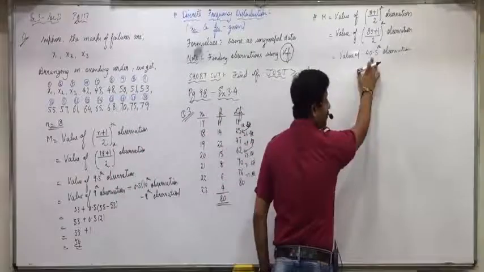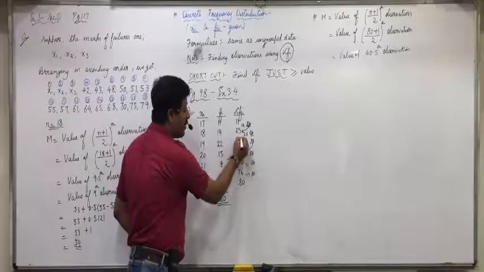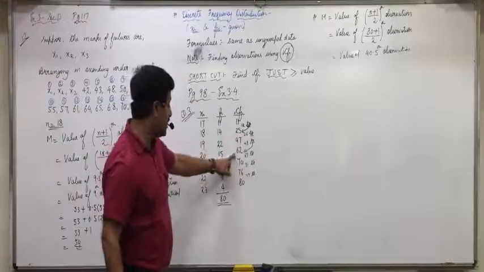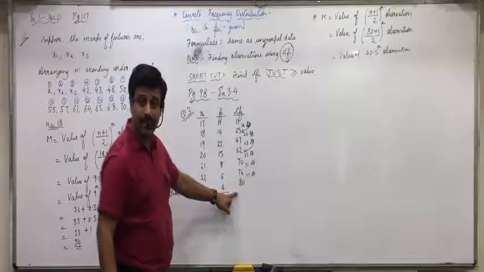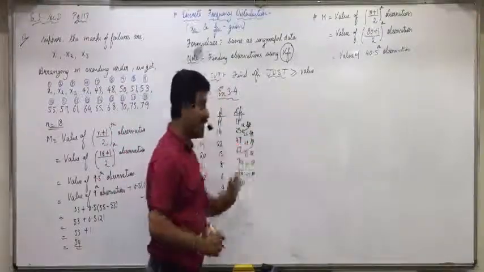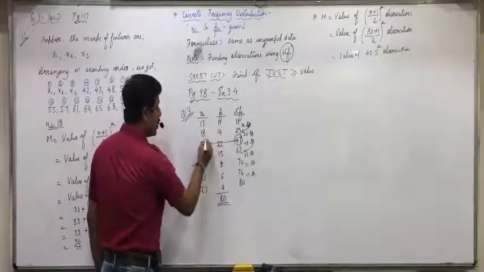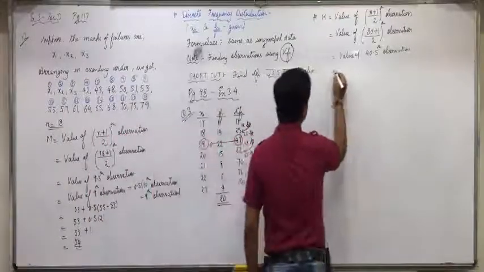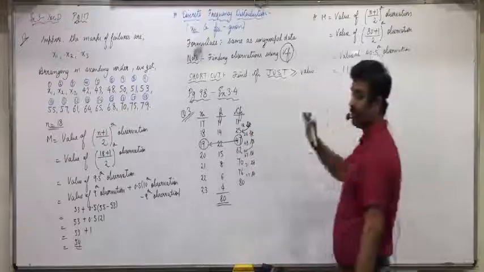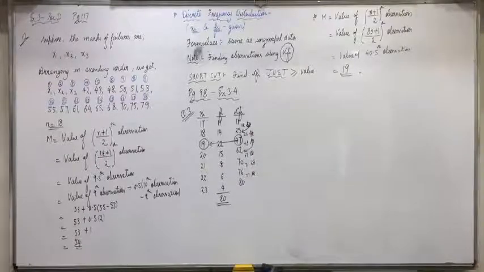What is the value we obtained? 40.5. Now, more than 40.5 is 47, 62, 70, 76, 80. Yes. But which CFI is just greater than 40.5? 47. Yes. Against that is your answer. 19. Over. No need for those complications.